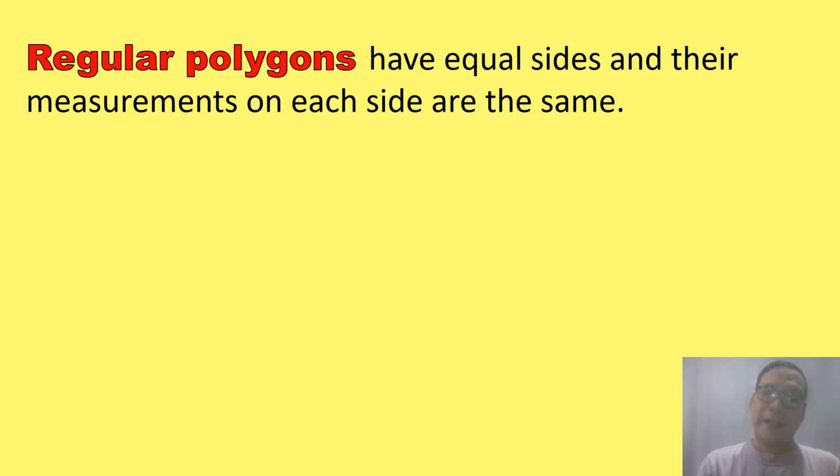In set A, those polygons are called regular polygons because they have equal sides and the measurement of each side is the same. So, for example, a pentagon which has 5 sides and all those 5 sides measure 5 centimeters, then that pentagon is a regular pentagon.